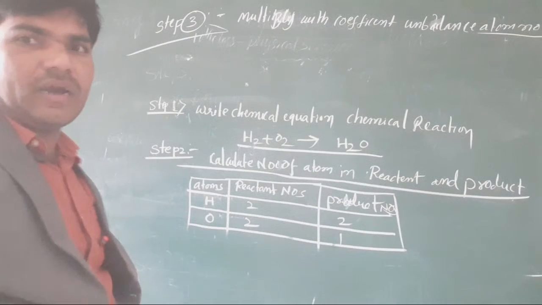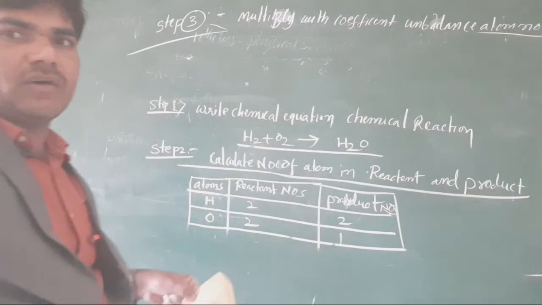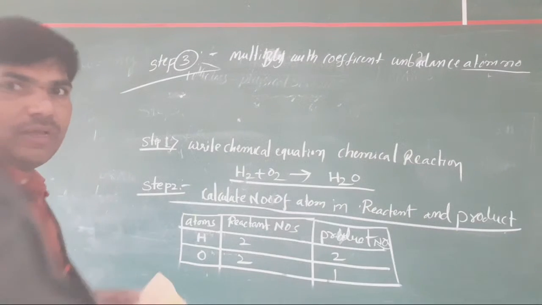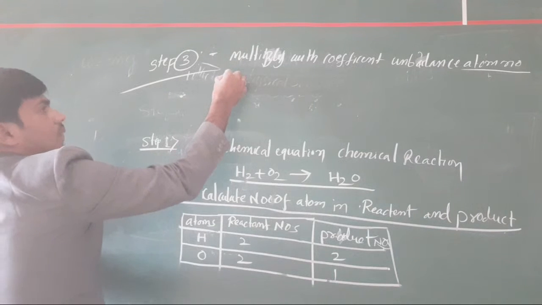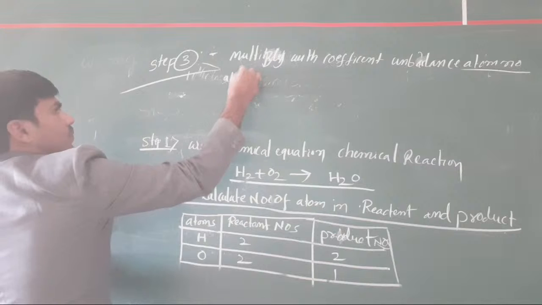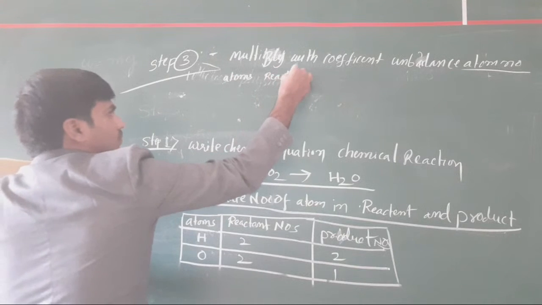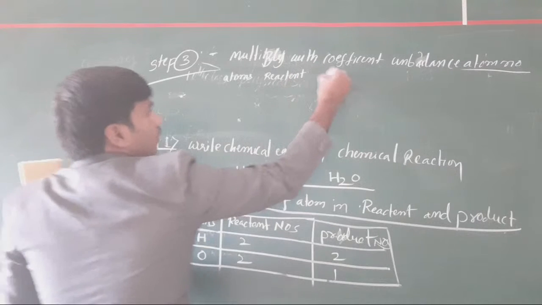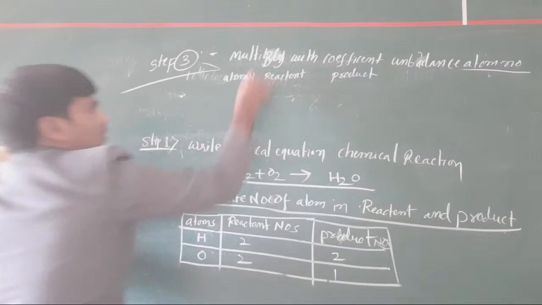Only these oxygens we have to multiply in the third step. Now we take the atoms again, the reactant side as well as the product side again.